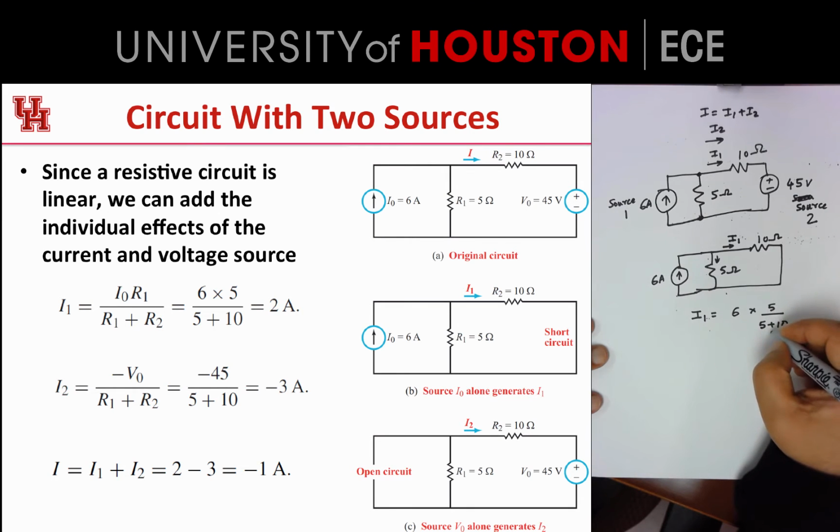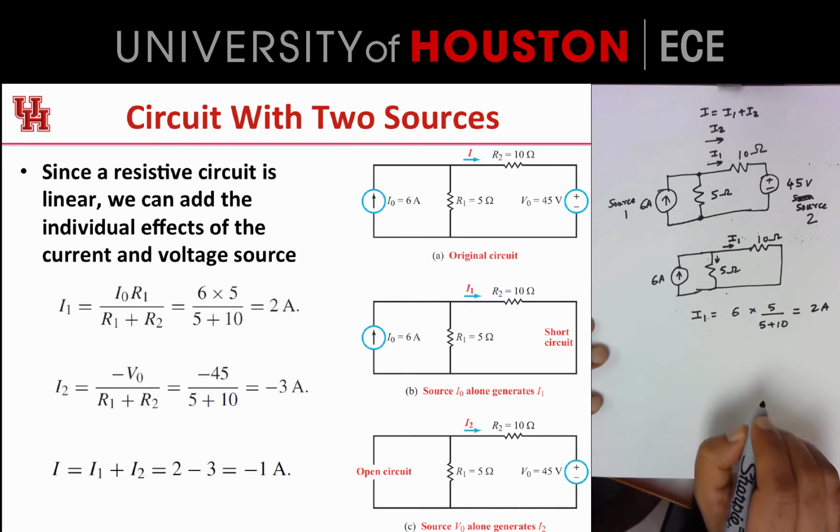So it's 5 divided by 15, which is 1/3, and 1/3 times 6 is 2 amperes.